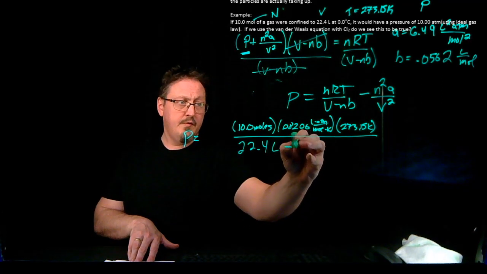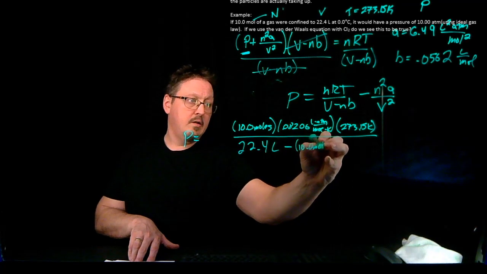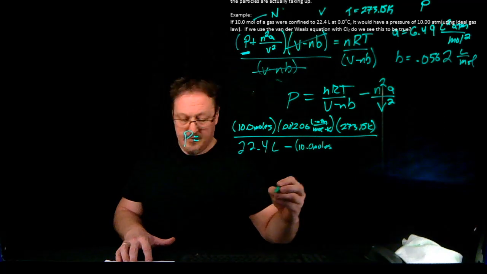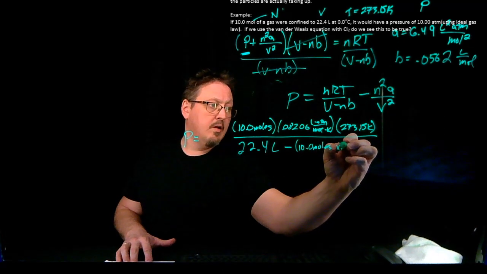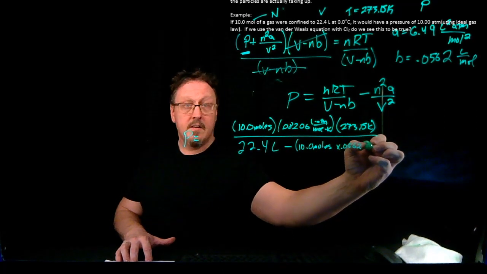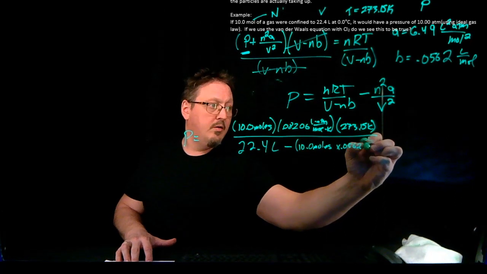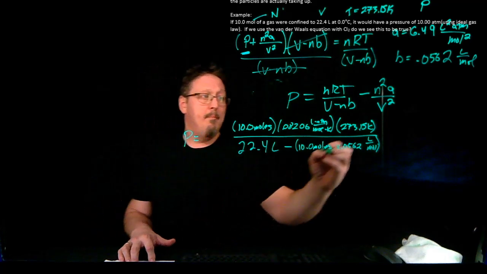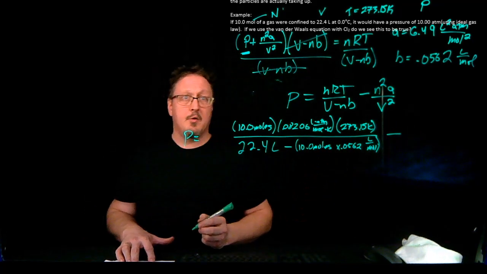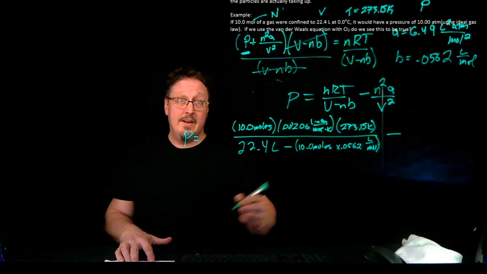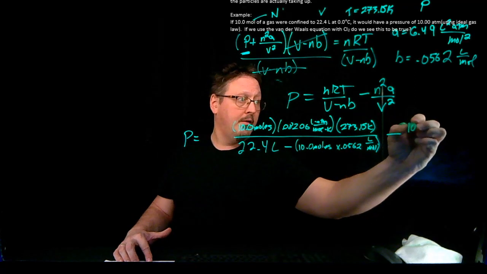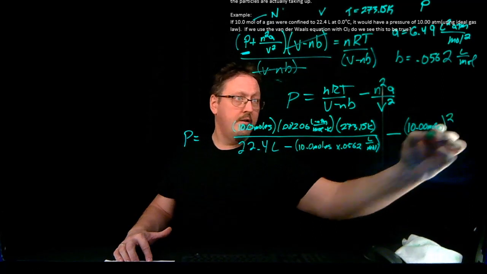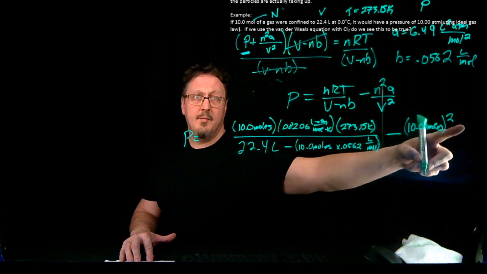n is 10 moles, and b is 0.0562 liters per mole. Okay, so that's the first part of that. Minus n squared times a, so n is 10 moles, that's going to be squared, times my a value.